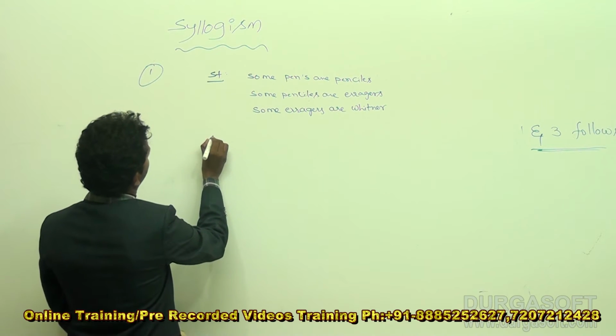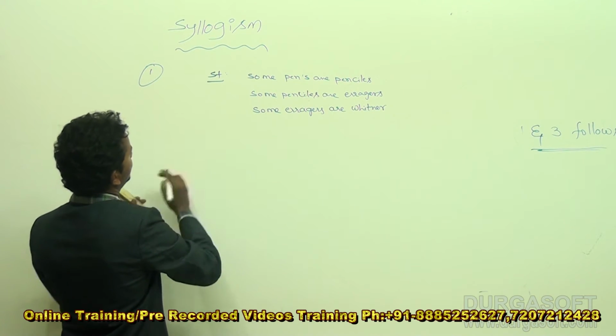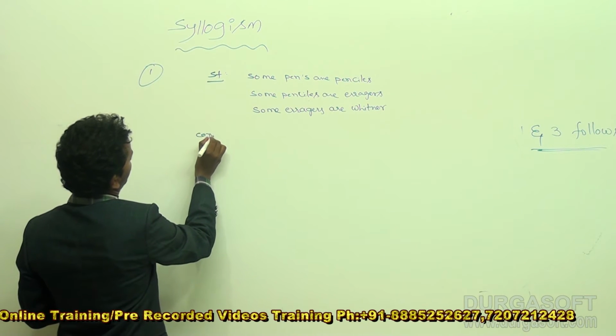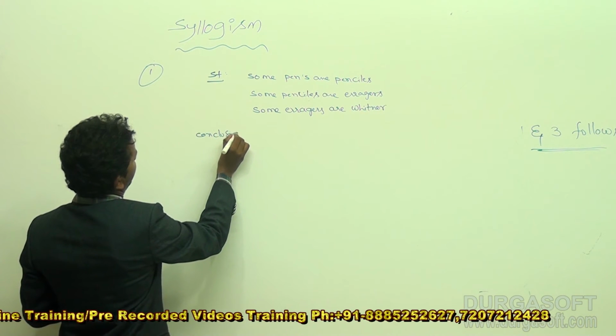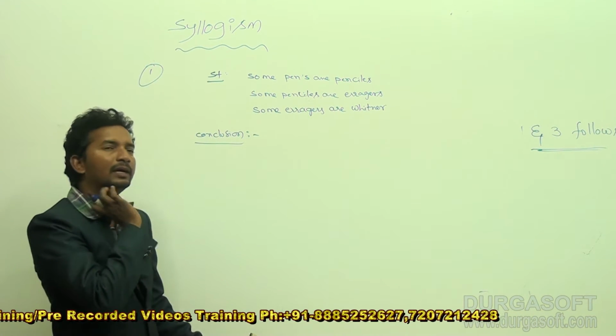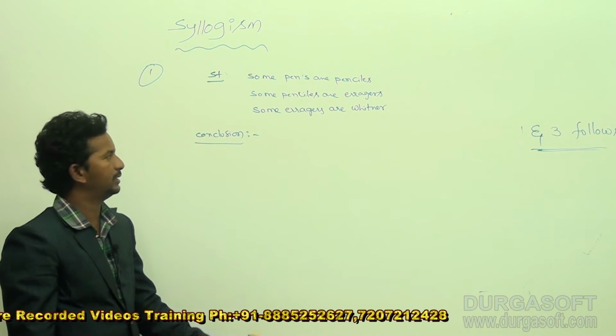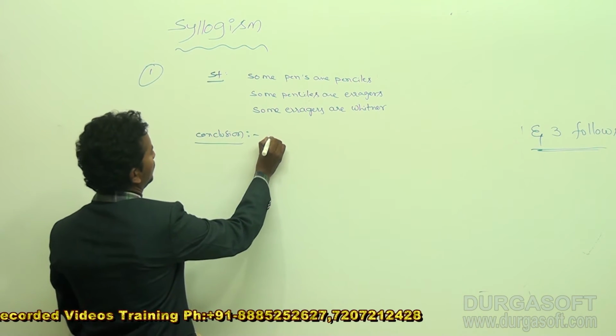Now the conclusions are given here. Take the conclusions. Some pens are pencils, some pencils are erasers. Now check what conclusions will be true here.